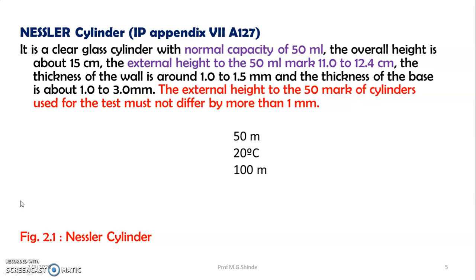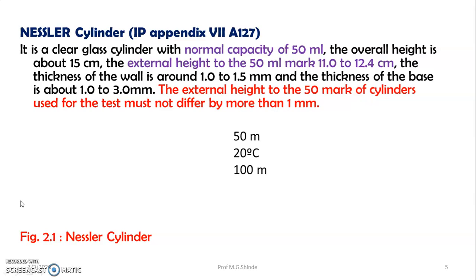So first of all, we must know about the Nessler cylinder. Nessler cylinder is a clear glass cylinder with the normal capacity of 50 ml, which has an overall height of 150 millimeter, and external height to the 50 ml mark should be not more than 11 to 12.4 centimeter. The thickness of the wall of the Nessler cylinder is around 1 to 1.5 mm only, while the thickness of the base should be not more than 1 to 3 mm.